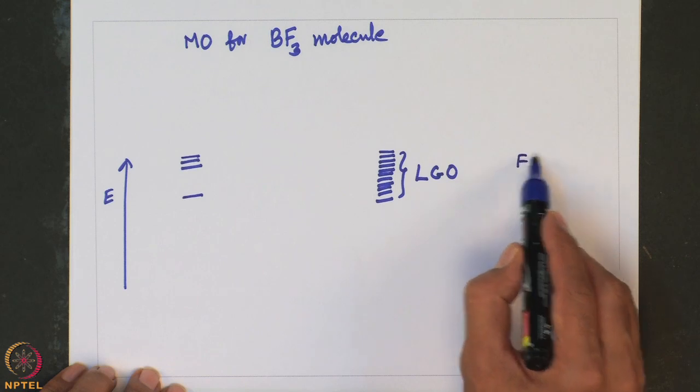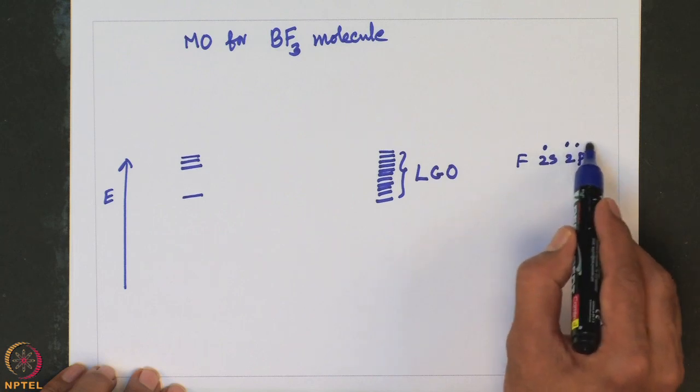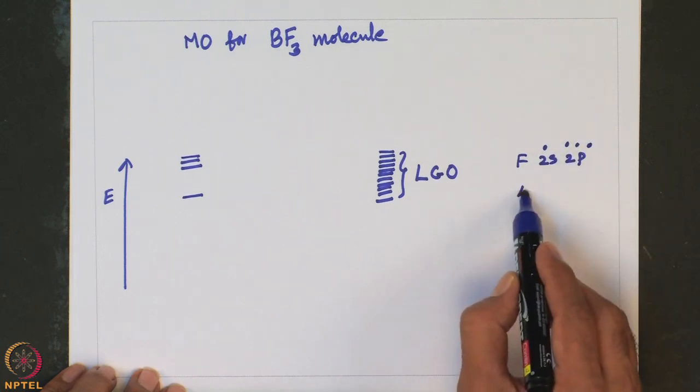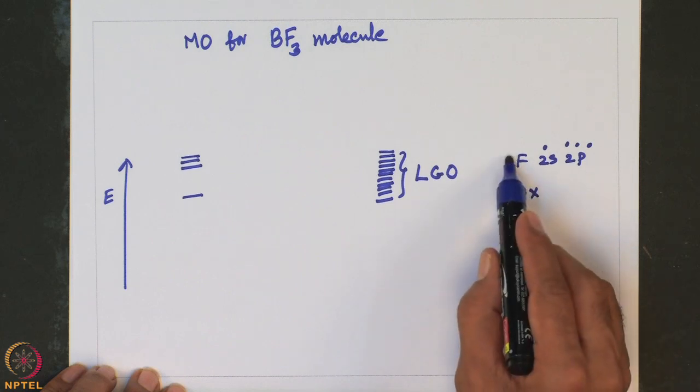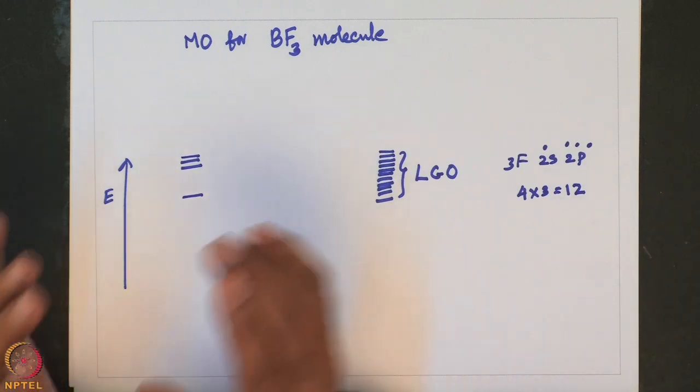Each F has 2s and 2p, that is 1, 1, 1, 1, 4 orbitals, and 4 into 3 F, so we get a total of 12 atomic orbitals of fluorine participating in making the BF3 molecule. So, while writing the MO diagram, we are considering 12 fluorine atomic orbitals and 4 boron atomic orbitals. A total of 16 atomic orbitals are involved in writing the MO diagram for BF3.